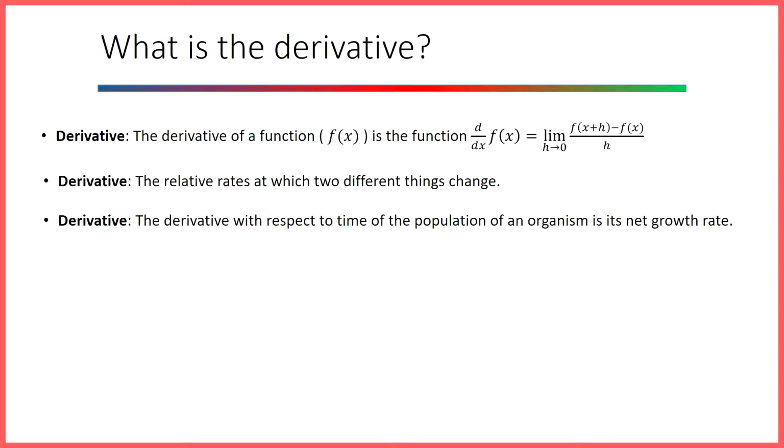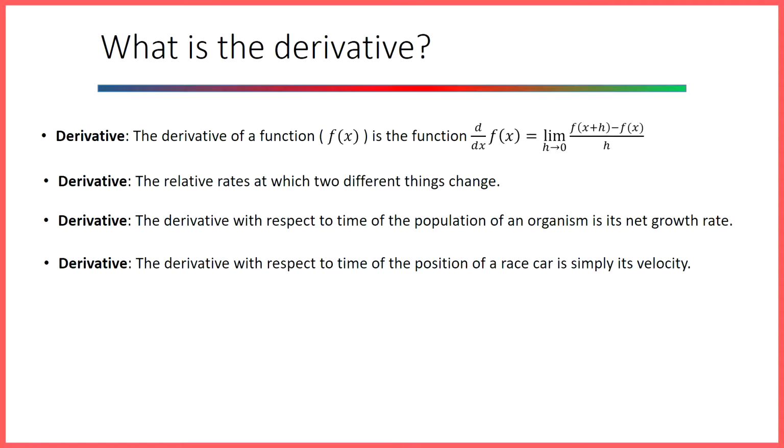Or we could use a definition that's suited to race car drivers. The derivative with respect to time of the position of a race car is simply its velocity. Different calculus textbooks use different notation for writing out the derivative. Some will write that the derivative of f of x is f prime of x. Others will write that the derivative of f is df dx.